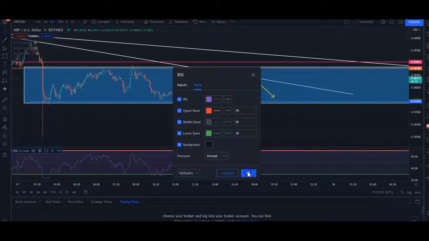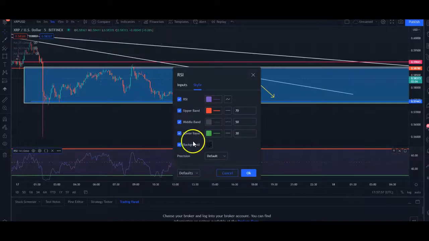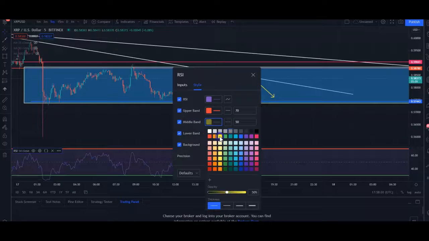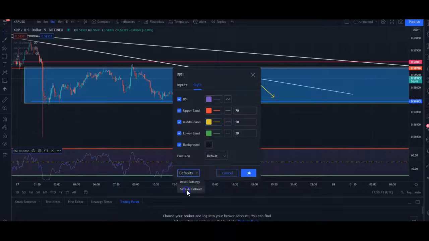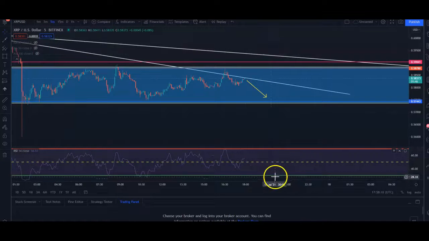Make it a line. Okay. The 50, we're going to make yellow. Default. Alright.